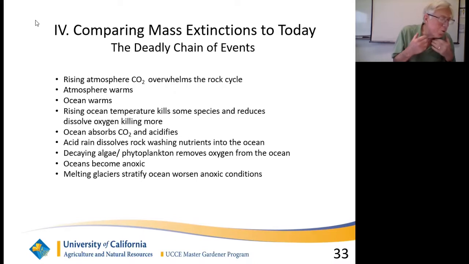Melting glaciers pour fresh water into the ocean, disrupting currents and producing stratification, which once again intensifies anoxic conditions and in fact probably extends them down into the deeper ocean water. So there you have it. That's kind of how I see things playing out and how they played out during the last 3 mass extinctions.